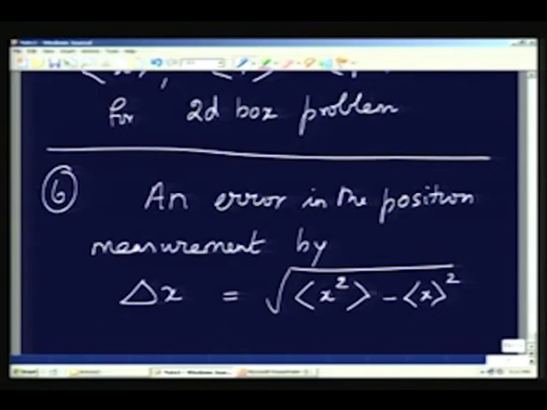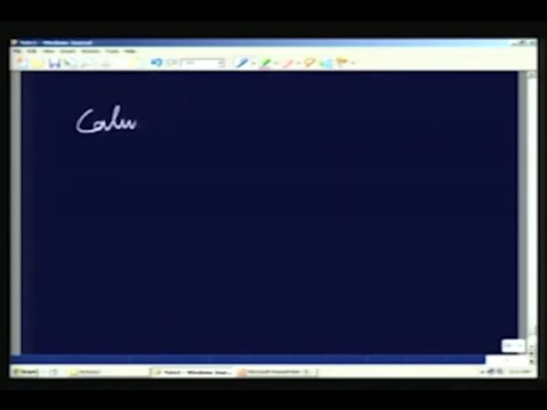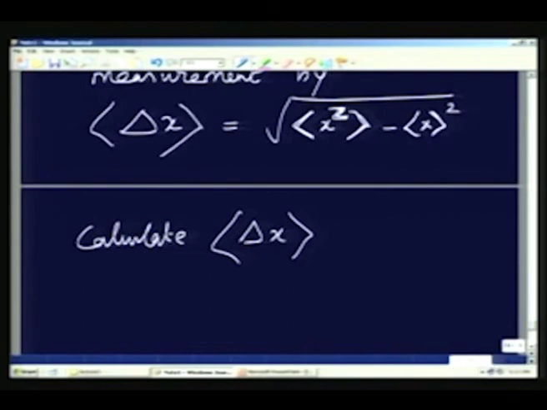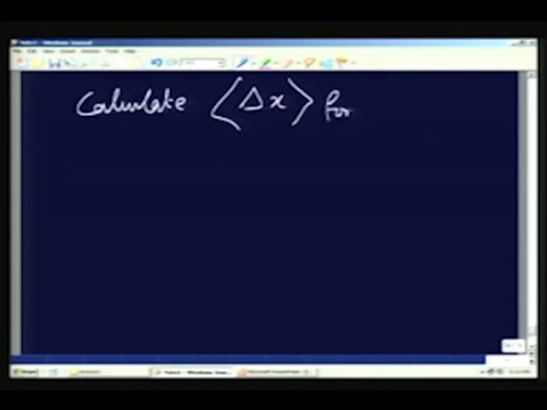Please note this very carefully. This is the average value for the operator x square, and this is the average value squared. Calculate delta x. I should write this as the average value for delta x itself. Calculate delta x for the particle in a 1-dimensional box.